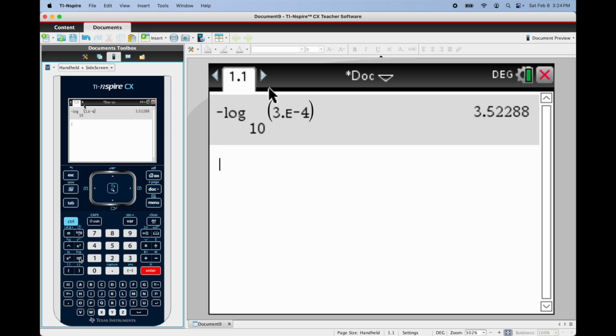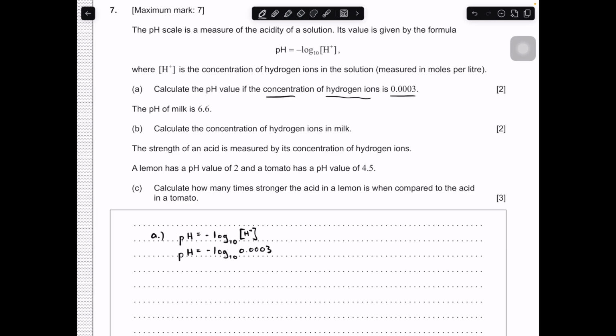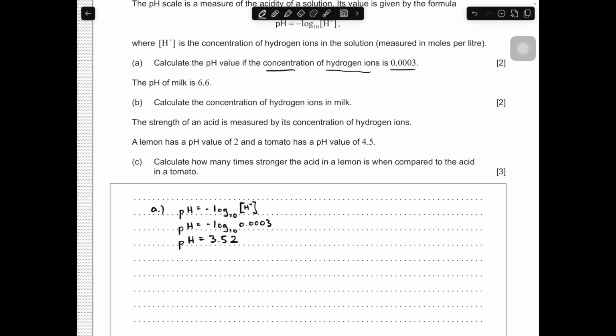Okay, let's go back to the document. pH level is equal to 3.52. Not bad. Okay, let's go to part B.